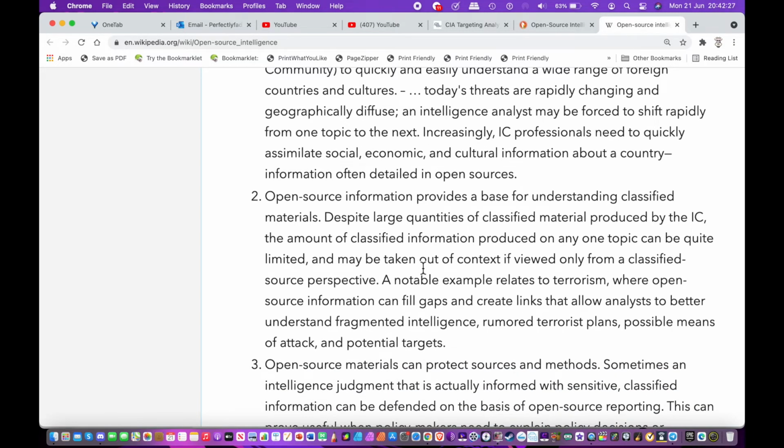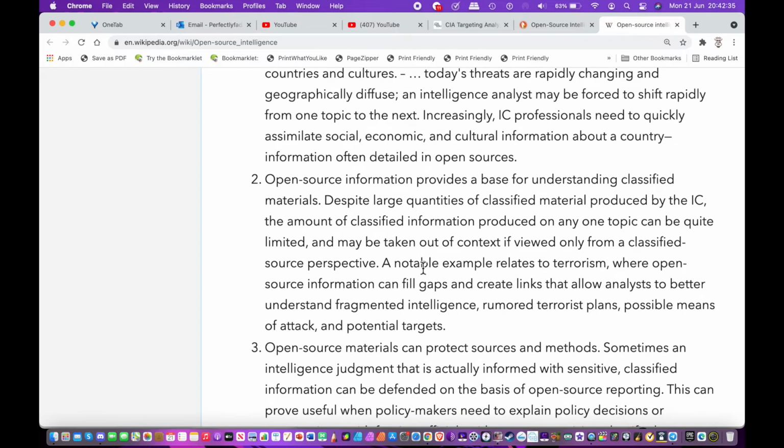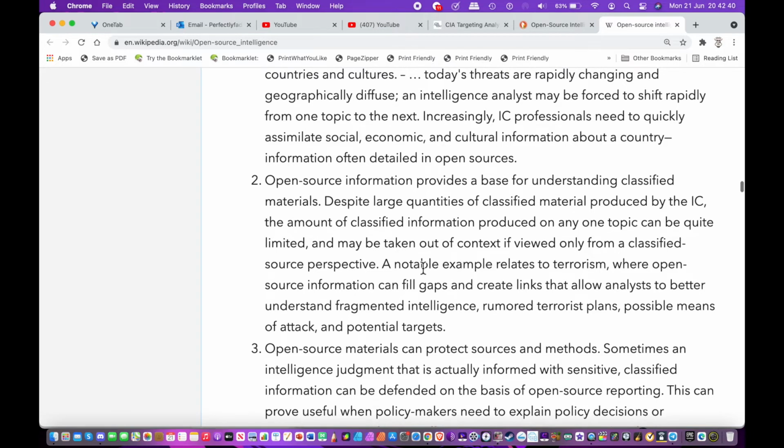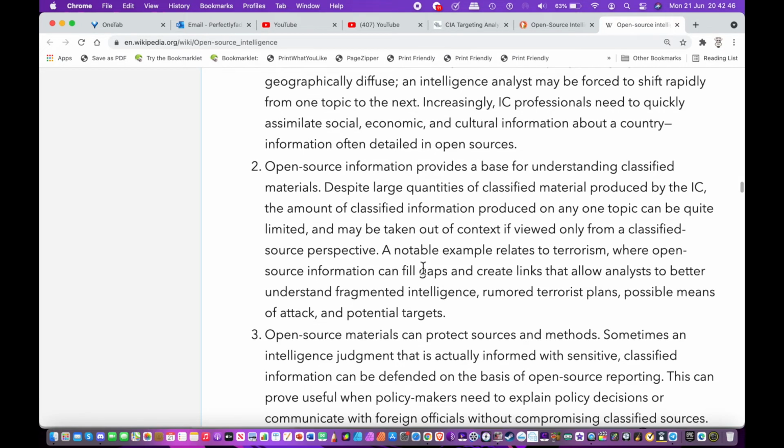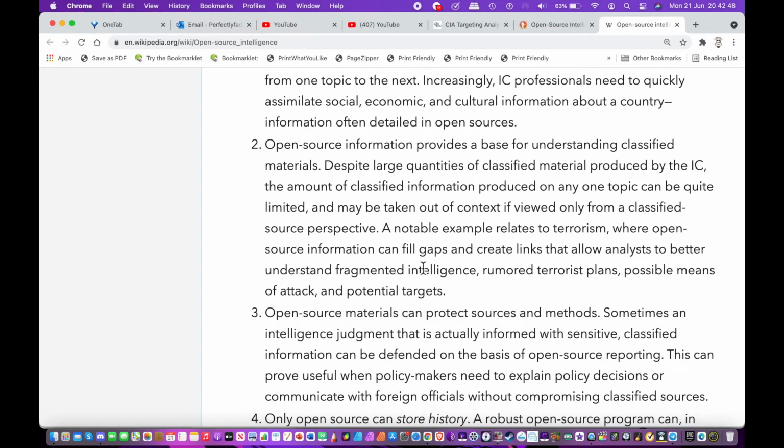2. Open source information provides a base for understanding classified material. Despite large quantities of classified material produced by the IC, the amount of classified information produced on any one topic can be quite limited and may be taken out of context if viewed only from a classified source perspective.